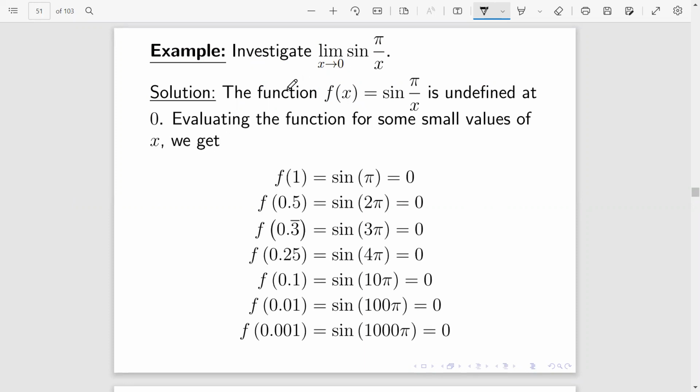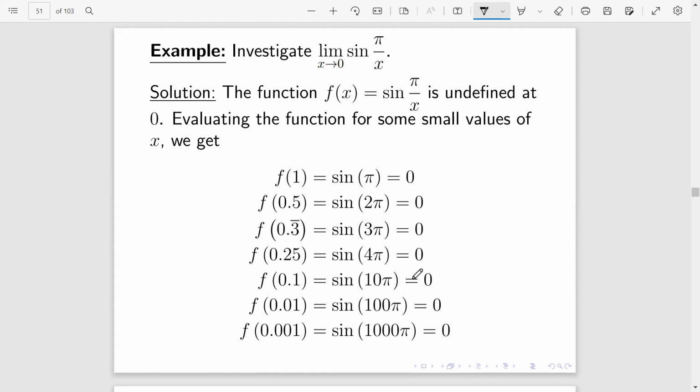If we take x to be 1, we end up with sine pi, which is 0 because it's in radian measure. If x is 0.5, meaning 1 over 2, we end up with sine 2 pi, we get 0. If x is 1 over 3, 1 over 4, we get all these zeros.